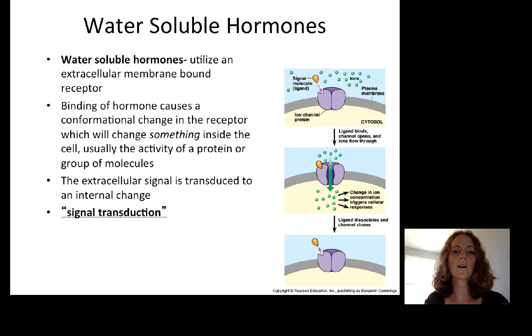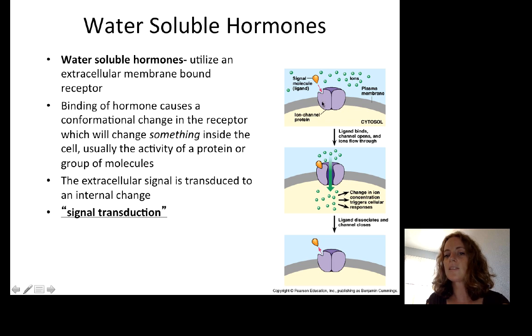Okay, here's water-soluble hormones. And here's another picture of how these work. For water-soluble hormones, you're going to have your chemical or your ligand. It's going to have a charge such that it cannot pass through the lipid bilayer of the cell. So it will need to bind to an extracellular receptor, here in purple, which is a protein that has a specific binding site for that ligand. It will bind to that and make changes in that receptor.